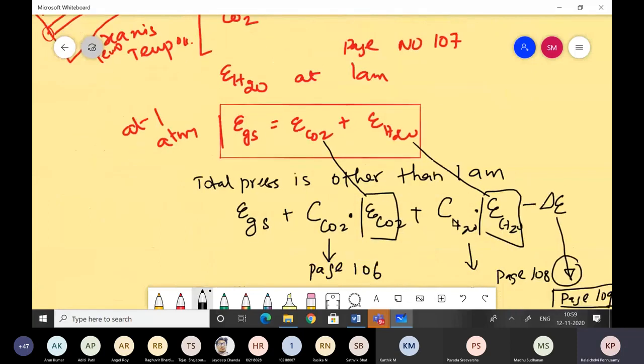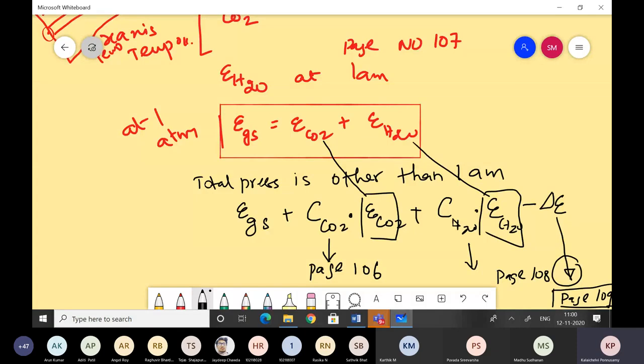Let me summarize once again. The emissivity of the gaseous mixture is the summation of the emissivities of the individual gases like CO2 and H2O, as long as the gaseous mixture is at 1 atmosphere. If the mixture is at a pressure other than 1 atmosphere, we need to include the correction factors CCO2 and CH2O.